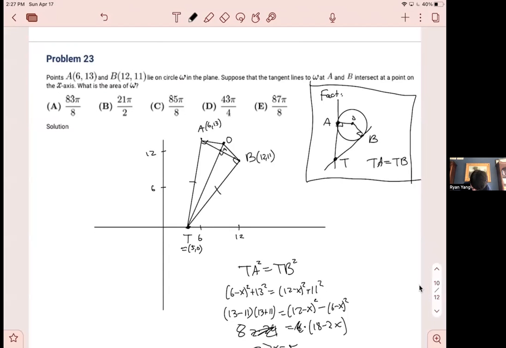Then we have, nicely enough, that triangle TMB is similar to triangle TBO.